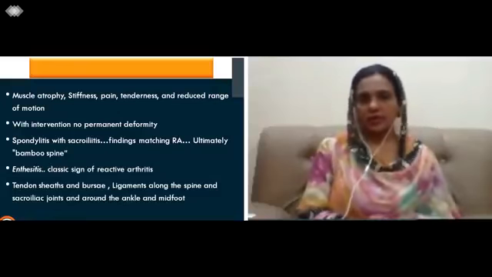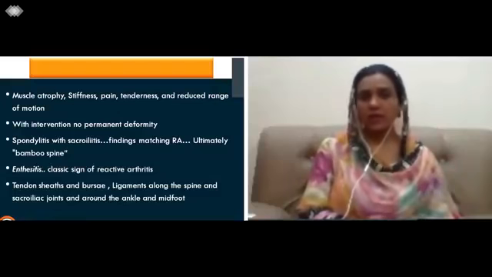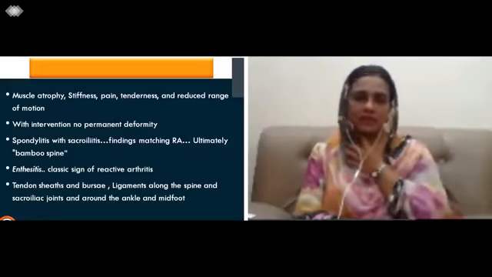The spondylitis and sacroiliitis can lead to the bamboo spine, and you are very well aware of ankylosing spondylitis, which develops into the bamboo spine, where the range of motion is lost and there is inflexibility of your spine.